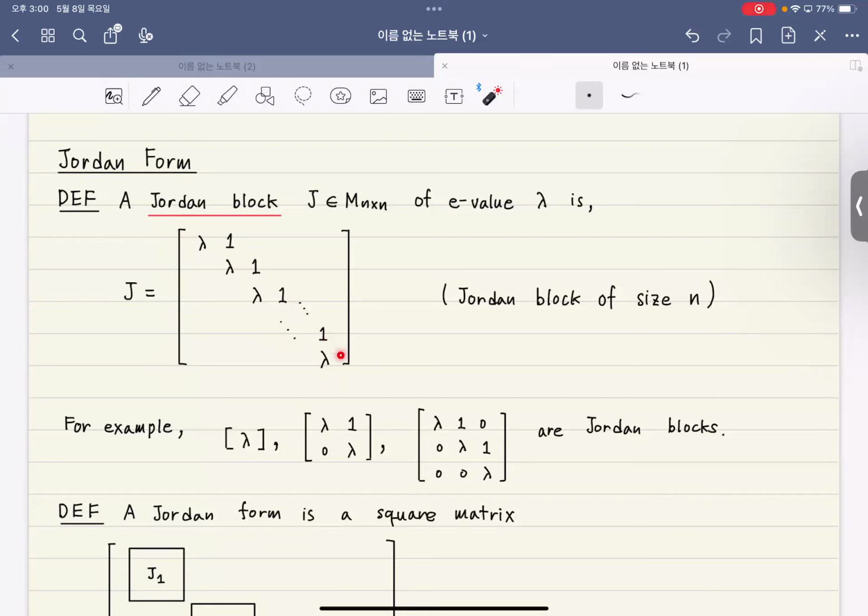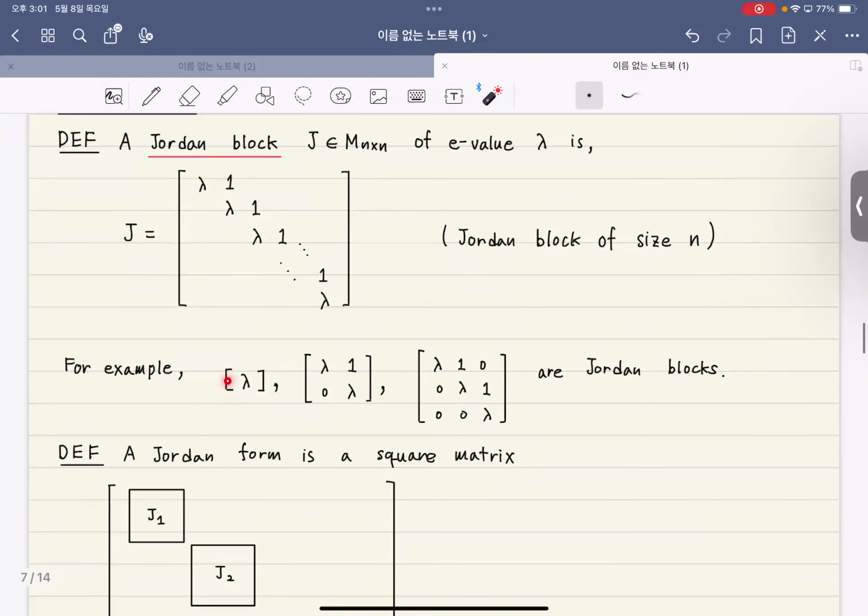Every diagonal entry is lambda, but just one entry above the diagonal I have a bunch of ones from here to there, and all the other entries are considered zero. This is my Jordan block, a Jordan block of size n.